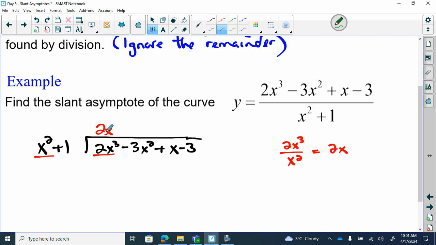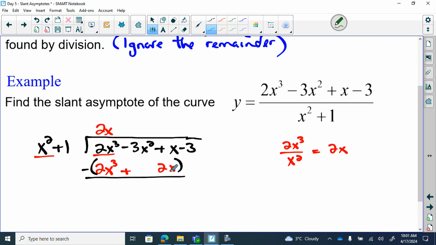Do you remember what I do from here with the 2x and the x squared plus 1? I multiply them together. 2x times x squared, x cubed. 2x times 1 would be 2x. I'm going to put it back here. And then I'm going to subtract.